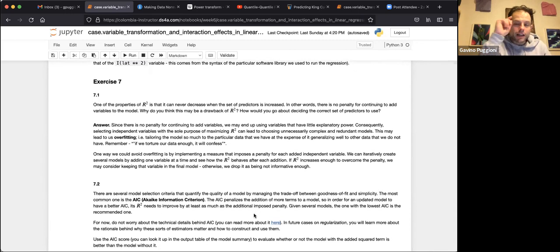Now, AIC, unlike the R-square, is a criterion that you want to minimize, just because of the way that it's built, okay? In fact, the AIC is defined as the negative 2 times the log likelihood plus 2 times the number of parameters. And that's because of distribution theory and so on.